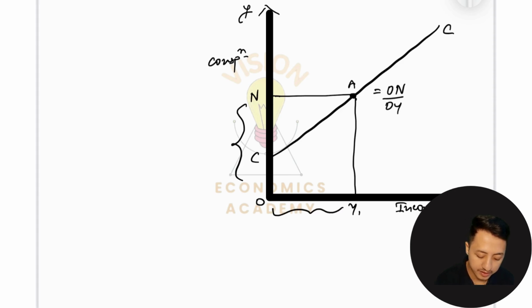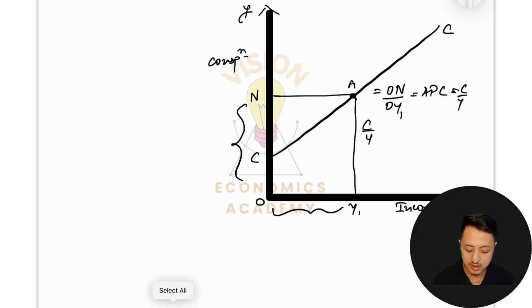So your APC is equal to ON by OY1, that is consumption by income. ON is the level of consumption and OY1 is the level of income. So that's what an APC is diagrammatically.